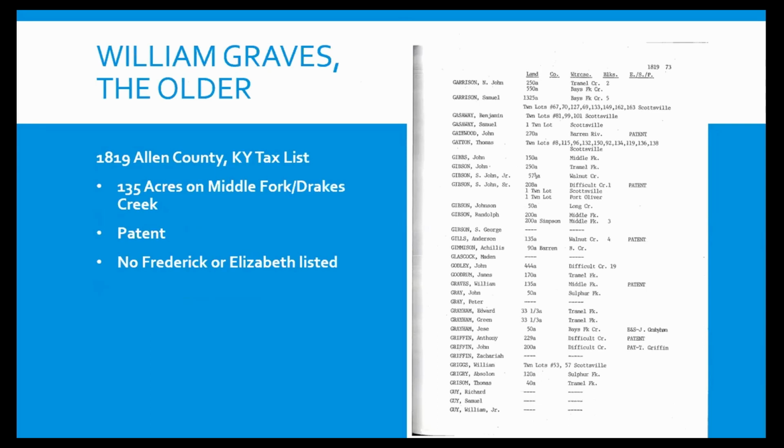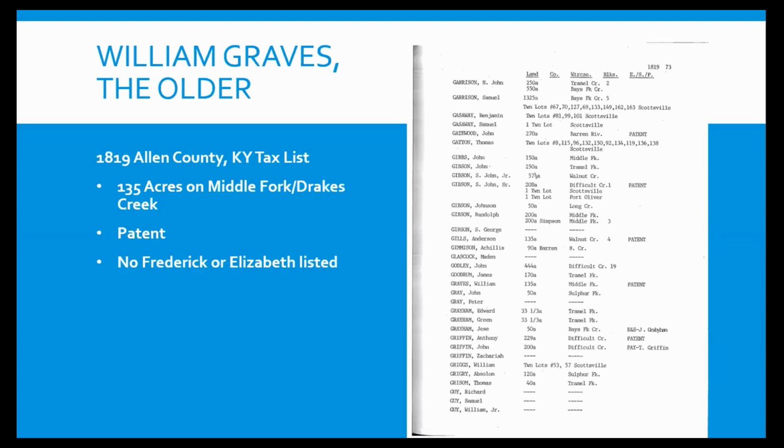Only William. And the description of the land is the same: 135 acres, Middle Fork, Drake's Creek. And it also says that there's a patent on this land. And so that's a record that you can look into for Kentucky. The Kentucky land patents are held at the Secretary of State's office, and you can order them online.